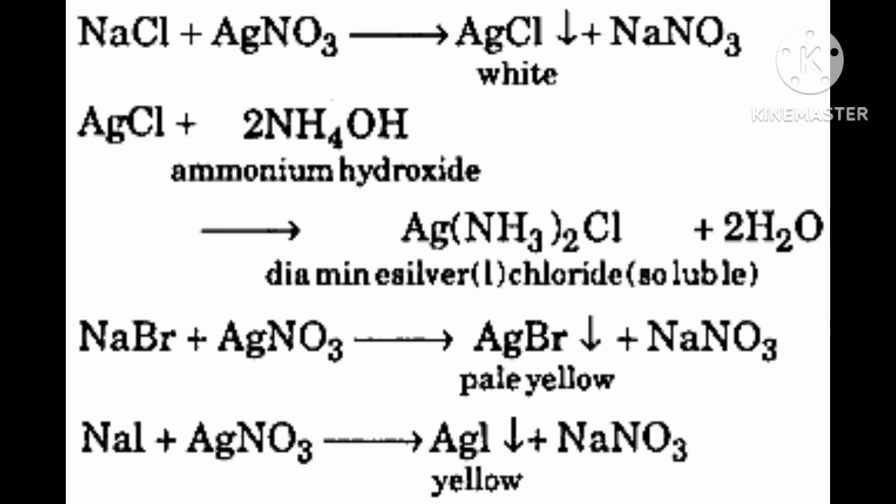Now, the color of the precipitate will tell you the exact halide, whether it is fluoride, chloride, bromide or iodide. By the color of the silver halide you will understand.